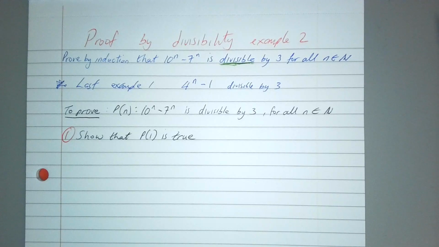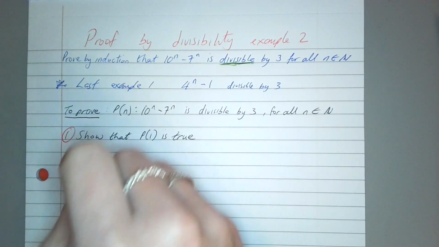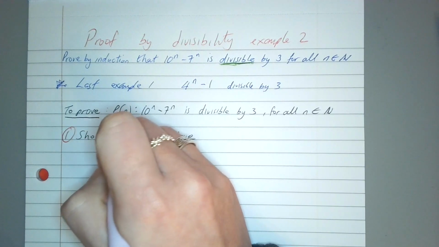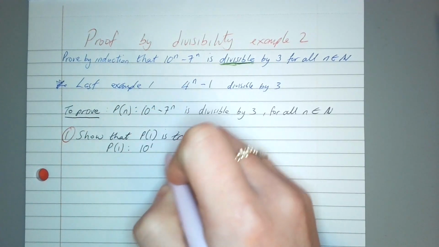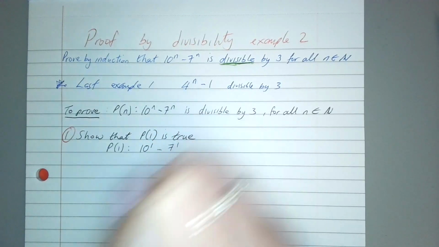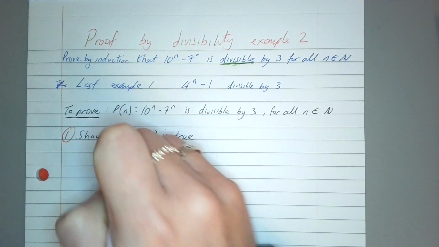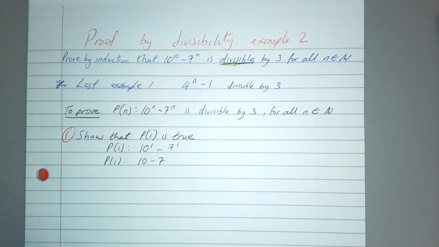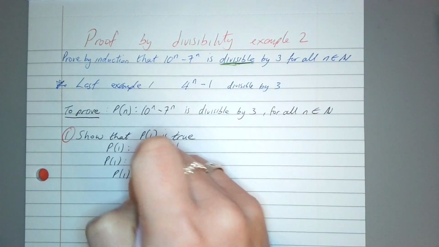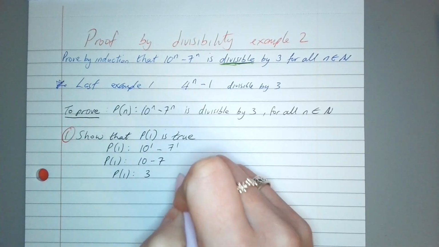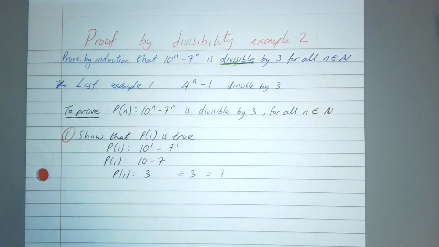So show that the proposition of 1 is true, and we're going to fill in n as 1. So proposition of 1 is 10 to the power of 1 minus 7 to the power of 1. So proposition of 1 is 10 minus 7, which is 3, and we'll check if that's divisible by 3, and it is.